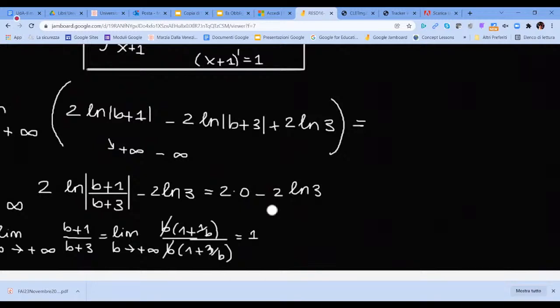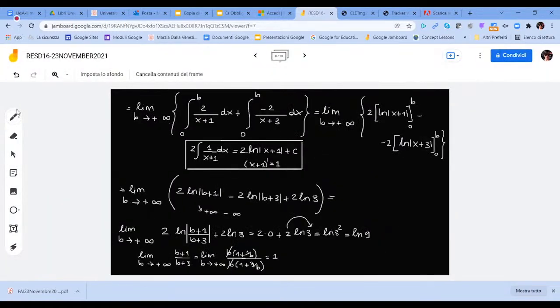And if you want to write the factor in front of the logarithm as an exponent, I'm sorry, it was a plus, okay, plus from this computation, you can write a logarithm of 3 squared, that is logarithm of 9. And this is the solution of this integral.